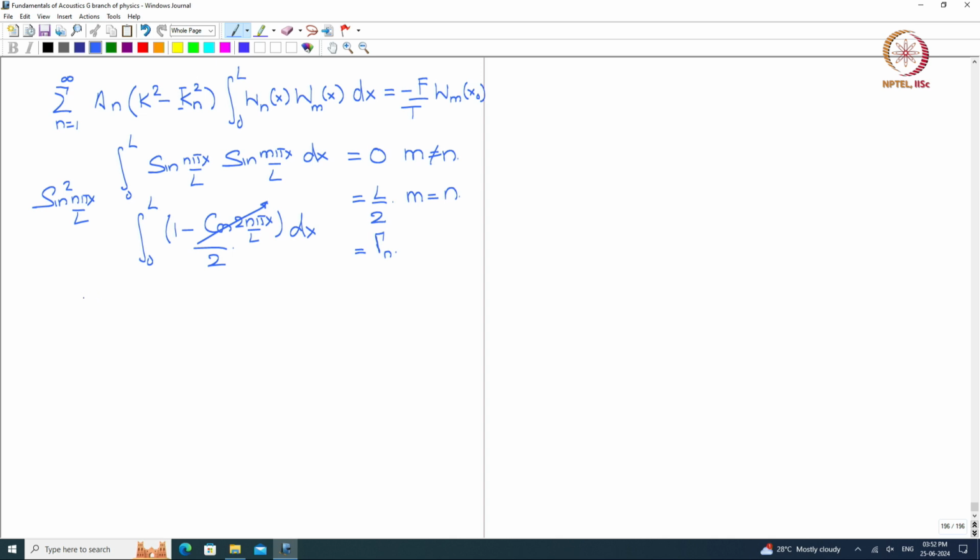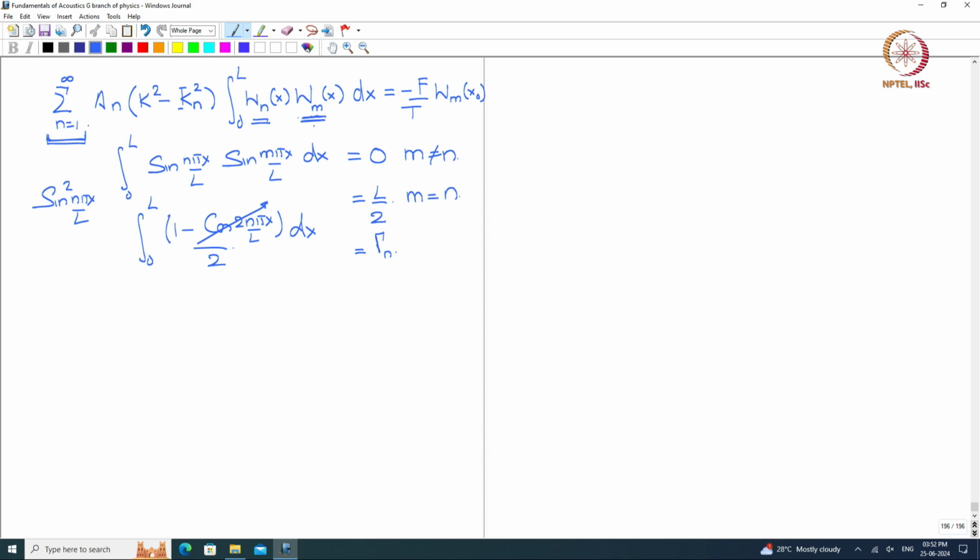So what has happened is, if I put an arbitrary m, unless it is equal to n it does not work out. So this n has to match m, one term is picked up, and there is no more a summation.